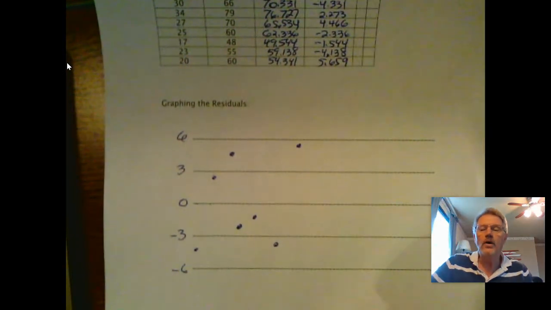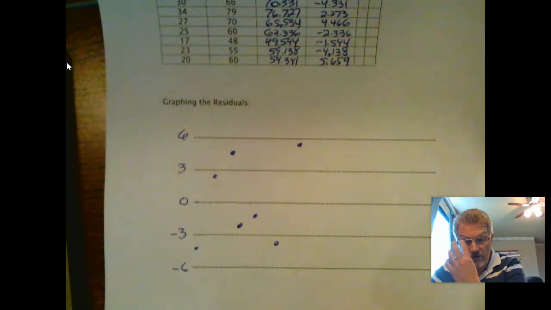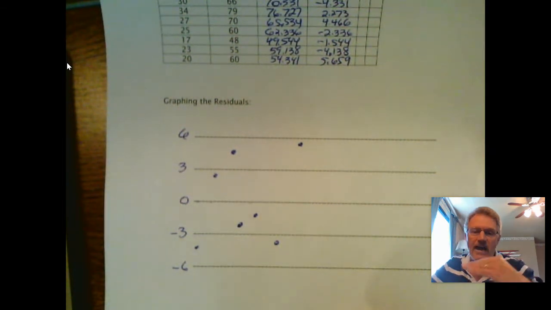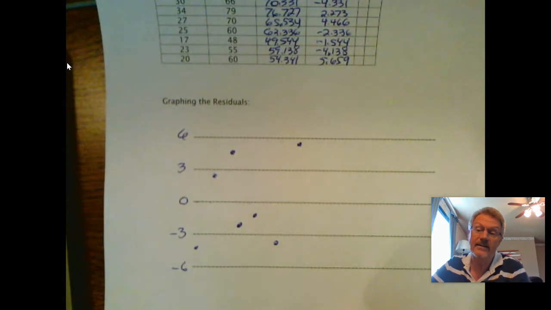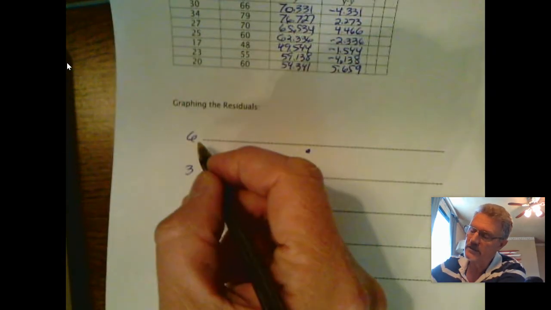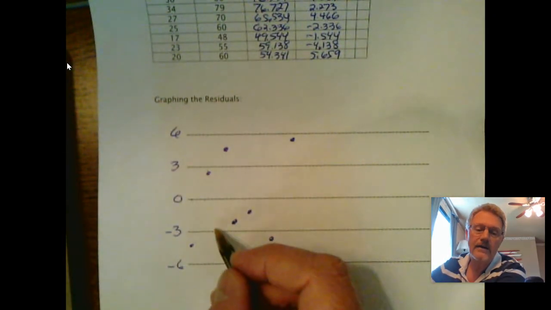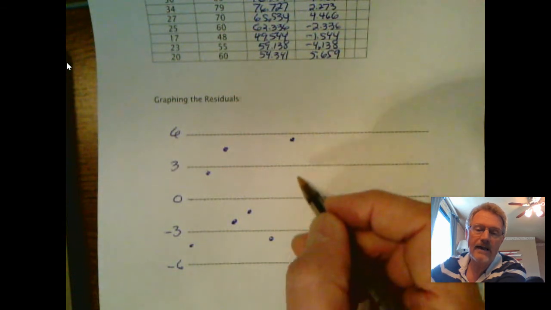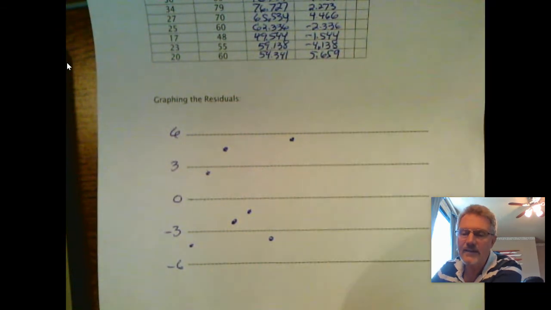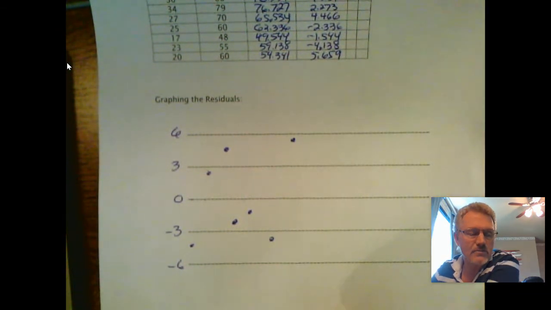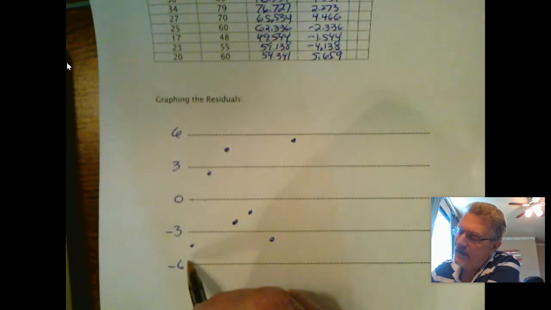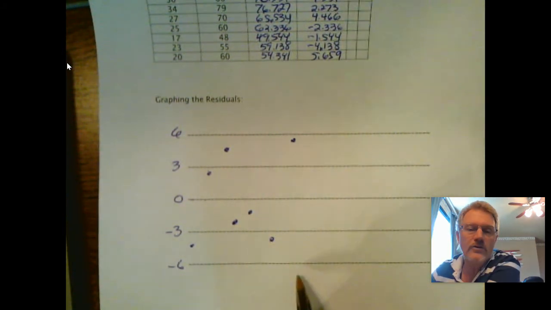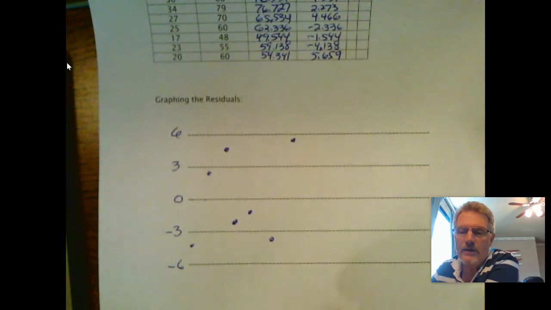So what you want to occur here is that this needs to be scattered all over the place. If you have a pattern that looks like a parabola, so they start out high, end up really low, and then come back high again on the other end, that's a problem. It means there's probably another regression that would have worked better. And if that parabola opened down, that would still be a problem.